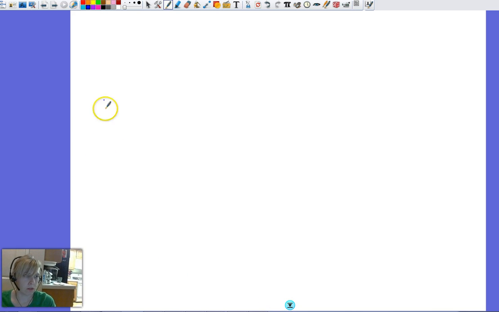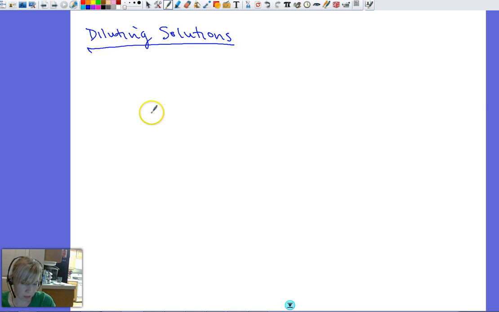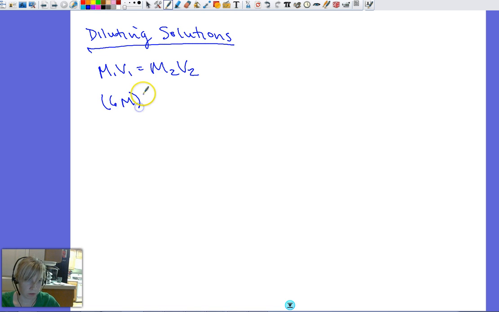So, diluting solutions. It says I have a 6 molar stock solution of KI. I need to make 250 milliliters of a 2 molar solution. How much of the original stock solution would I need? How much water would I need to add to it? Alright, so this is a dilution. We're going to use our M1V1 equals M2V2. So our starting concentration is our 6 molar stock solution.